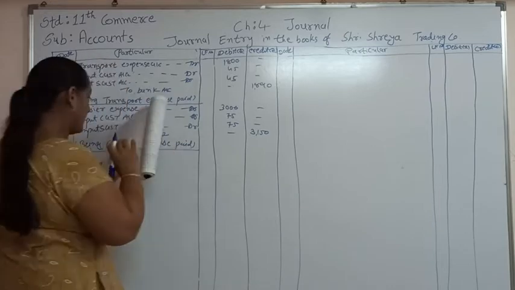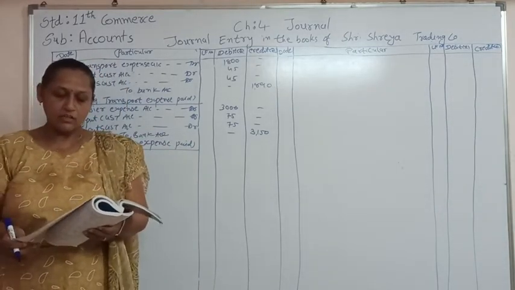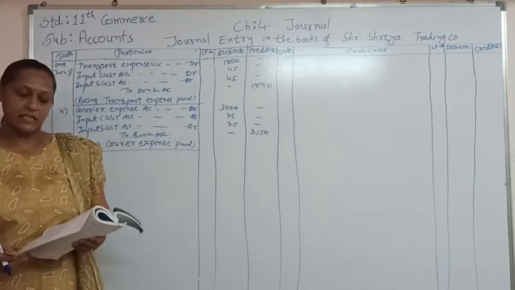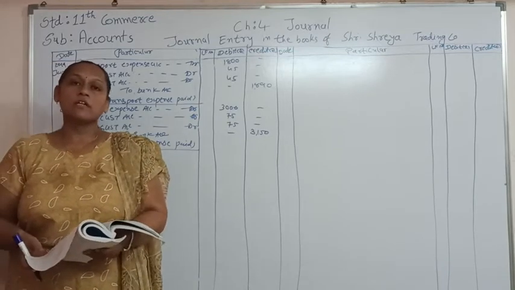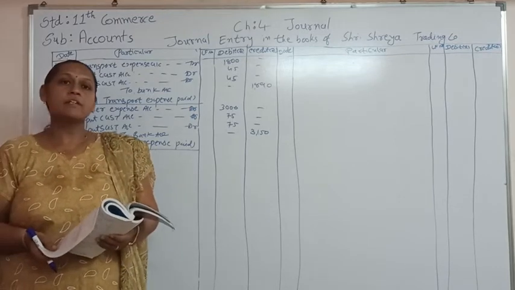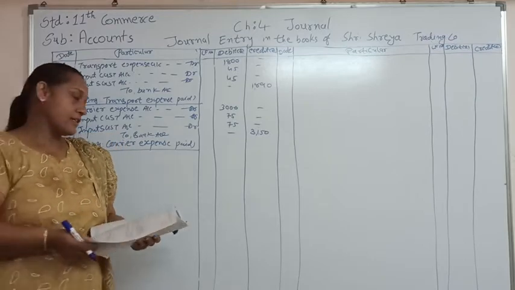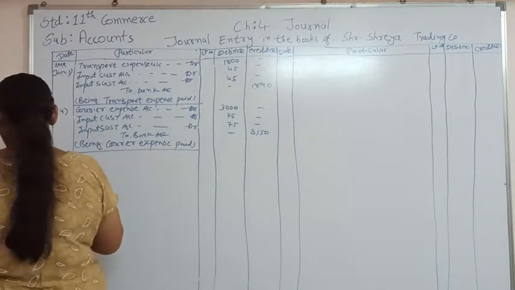Now let's see the next transaction. Insurance premium paid by check of rupees 4000. So here insurance premium account debit, input CGST account debit, input SGST account debit to bank. That journal entry we are going to pass.